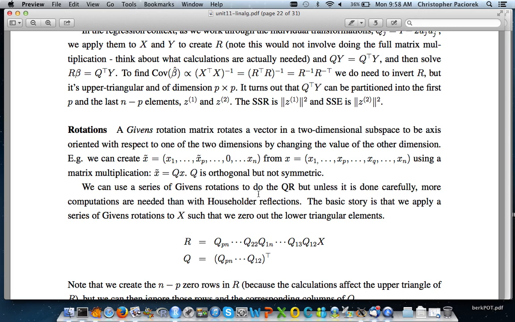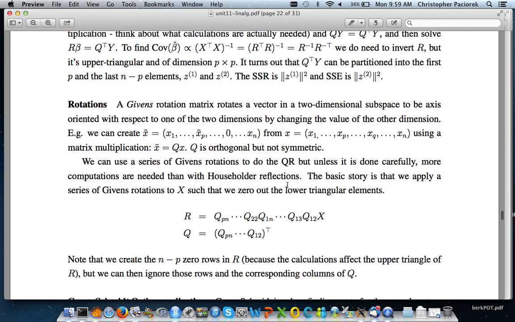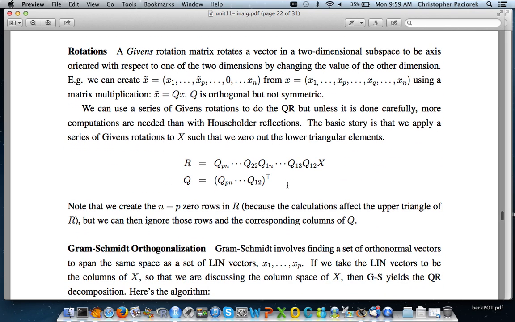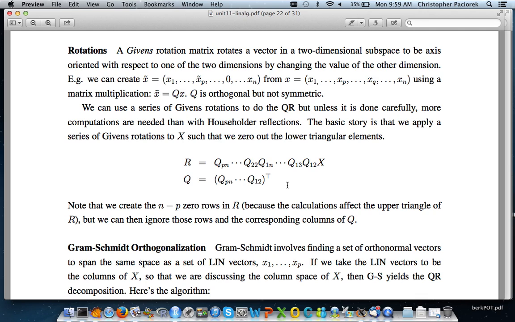And then if I explicitly want to know what Q is, well, again, just like with the Householder approach, I can just take the transpose of this and multiply it by this to get back X, to get the Q in front of the R matrix there. Okay, so that's the approach that uses rotations to get the QR.